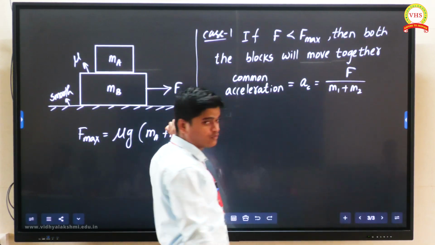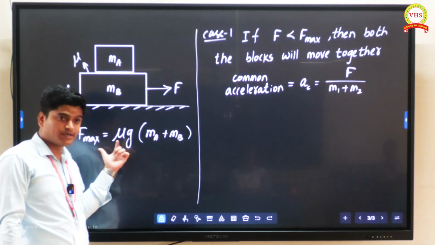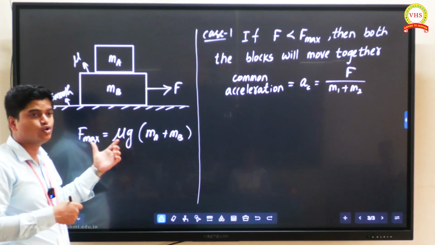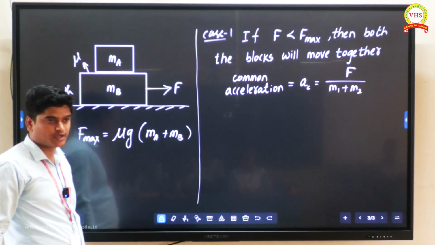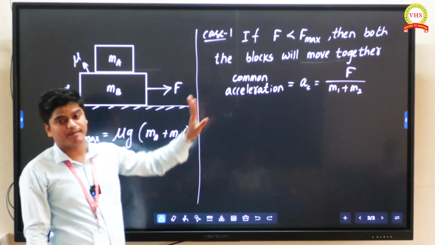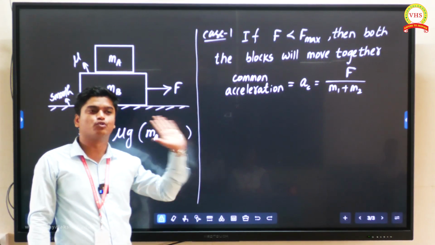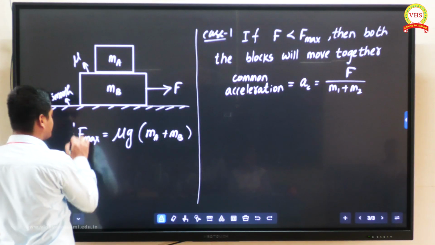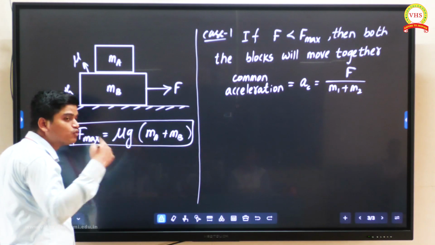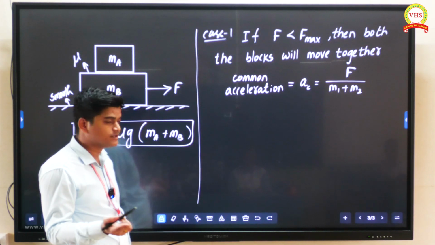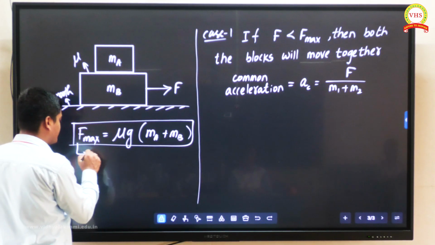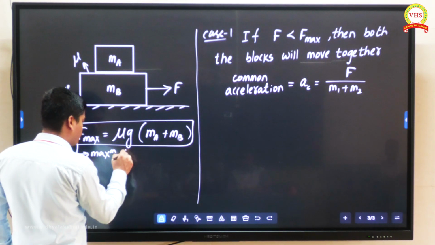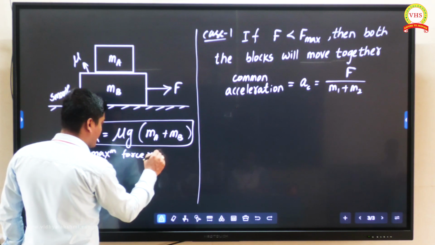So F is the applied force and F max is the maximum force required to move the objects together. If F is less than F max, then only the objects will move together. So when this type of problem is there, first you check whether the objects are moving together or not.